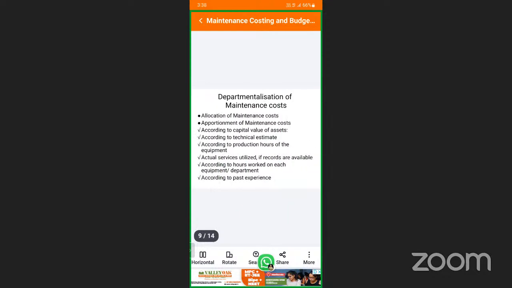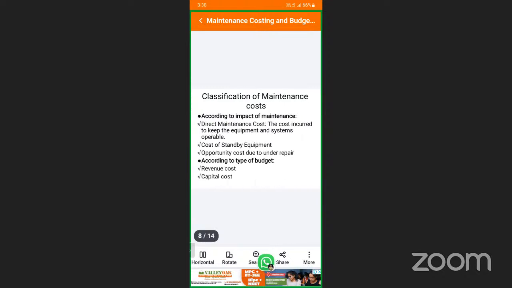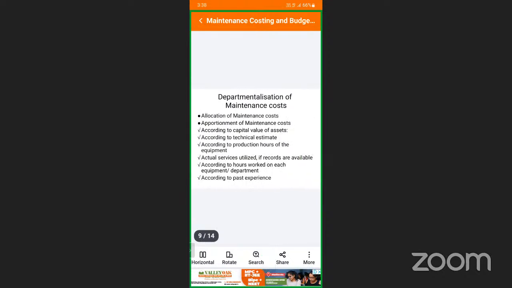Yes. Now the second step, we are done with the first step. The first step of finding out the cost of the maintenance department is collection and classification of cost. That is done. Now in the second step of determining the maintenance cost, we are departmentalizing it.